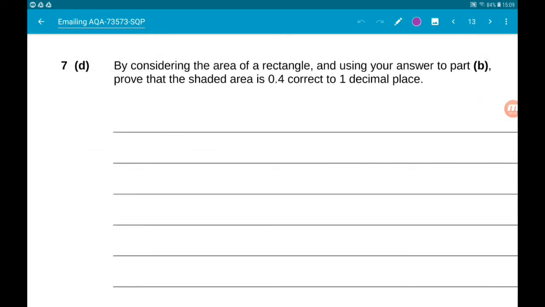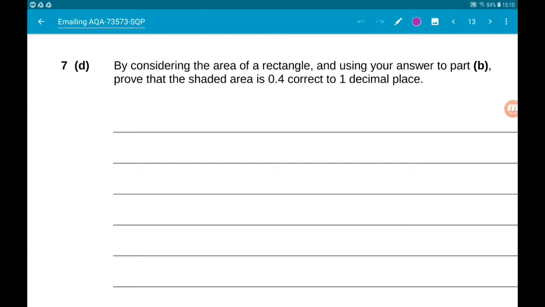Okay, the final part. By considering the area of a rectangle and using our answer to part B, we want to prove that the area of the shaded region is 0.4, correct to 1 decimal place. So, we've just said that what we did in part B was an underestimate.